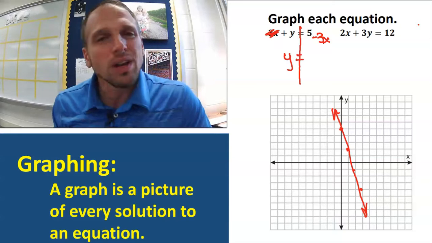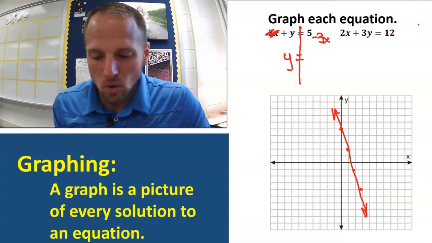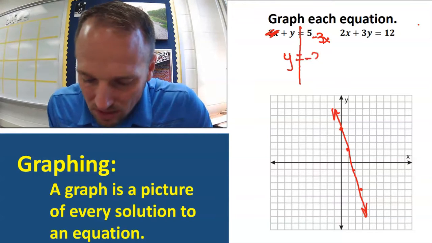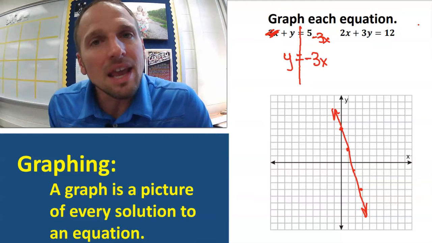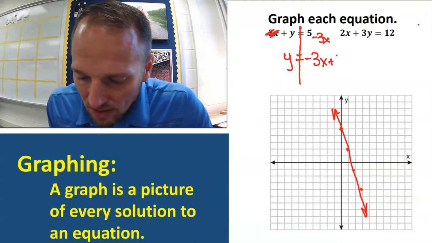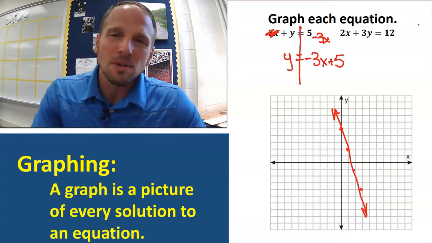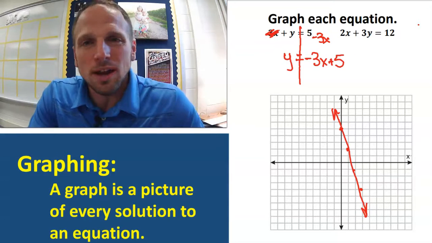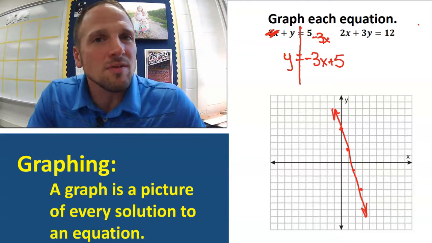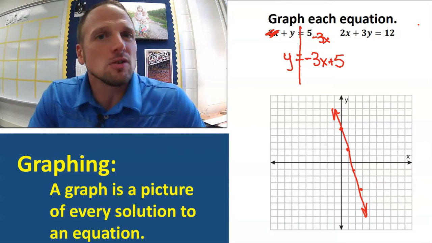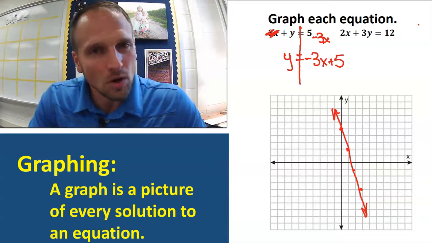But we like the x's in front, right? So I'm going to put that -3x up front and then write the +5. Okay, and now it's probably a little bit easier to see like this, right? Because you see the +5 is the y-intercept, and then our slope is -3, so down 3/1.